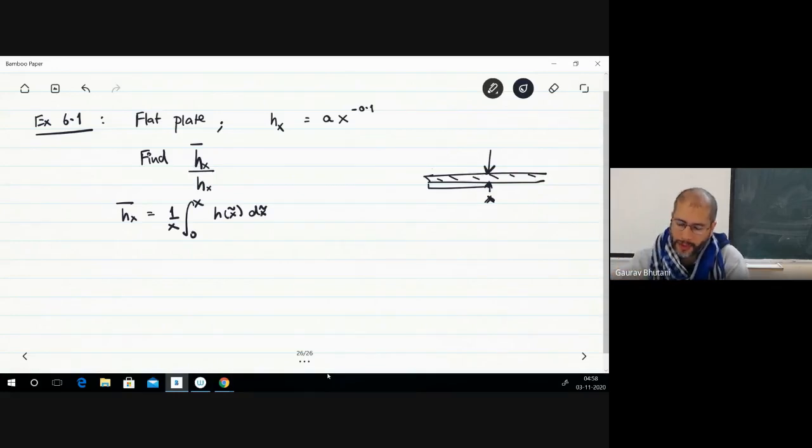So Hx means the local heat transfer coefficient, and Hx bar means the average heat transfer coefficient from x equal to 0 to x equal to that particular distance x.